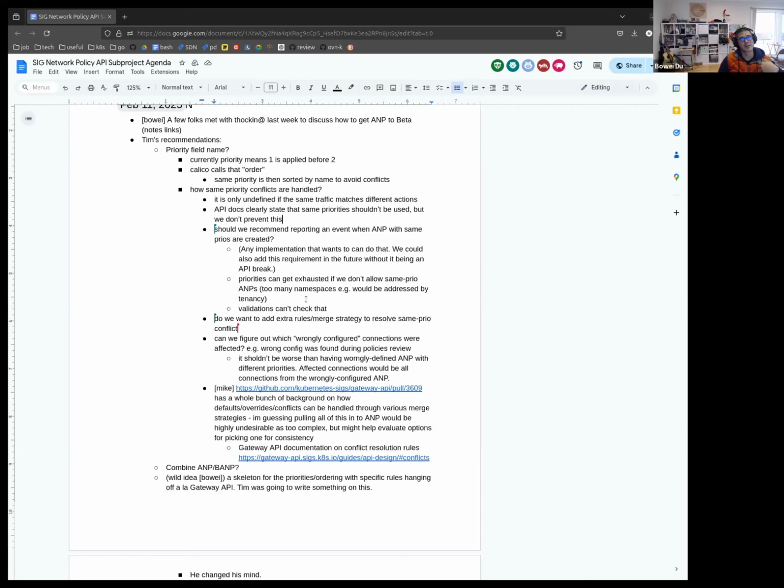Let's say I'm a user and all I know is I'm writing a Kubernetes admin network policy, versus I'm using Kubernetes admin network policy and my implementation is this system or that system. The experience where the user doesn't know which system is implementing their stuff could be viewed as incomplete, I guess.